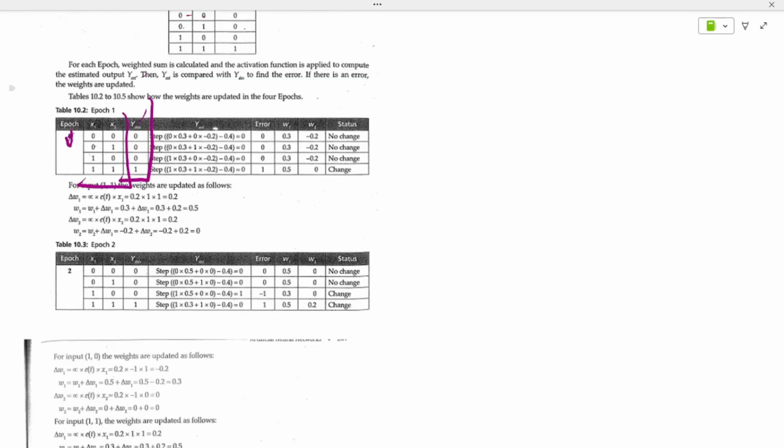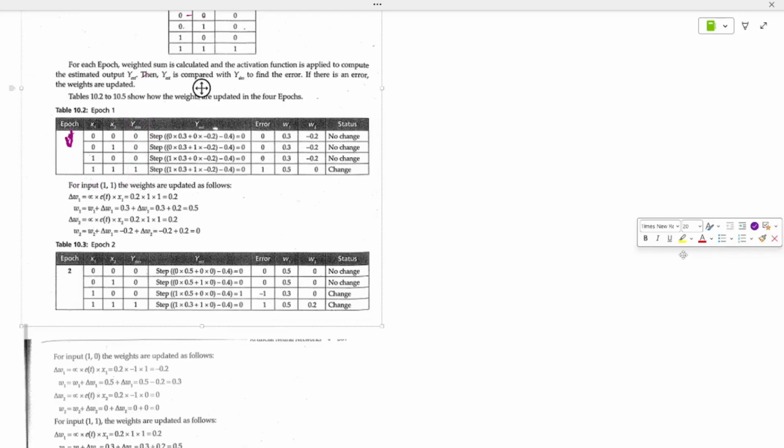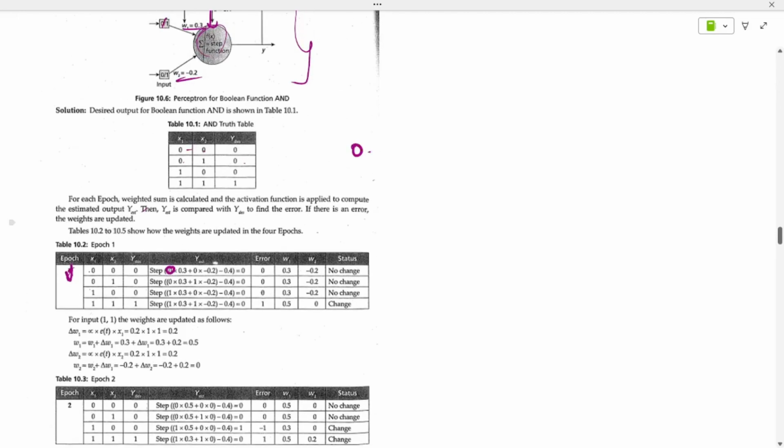Now what you will be getting: if you do the step function, what you will be doing is, see, 0 into 0.3. What are the weights they have given? 0.3 and minus 0.2, right? That you will be multiplying with 0 and 0.3, 0 and 0.2, minus the bias, that is the bias they have given as 0.4.